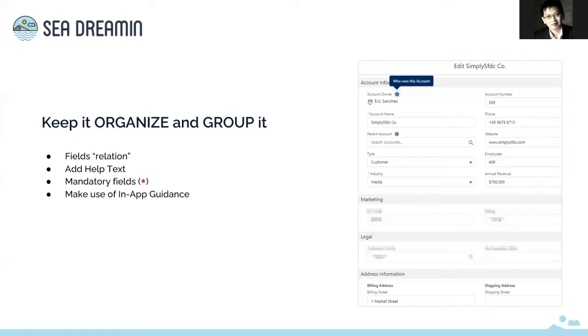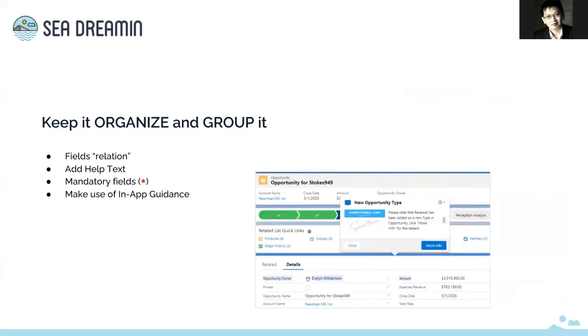You can choose to show it at the left, right, top, or bottom of the component. You can do that with in-app guidance. It is free, right? Here, I just say, oh, this is a new feature, which is a new field, let's say opportunity type. And users can click more info to get the full documentation of that field, for example.